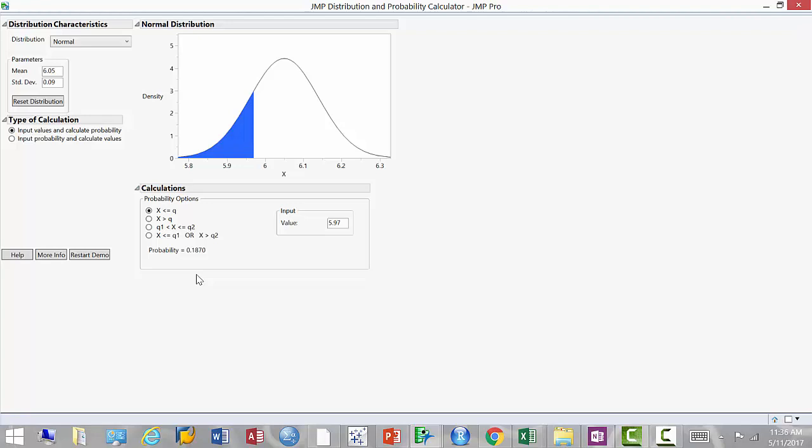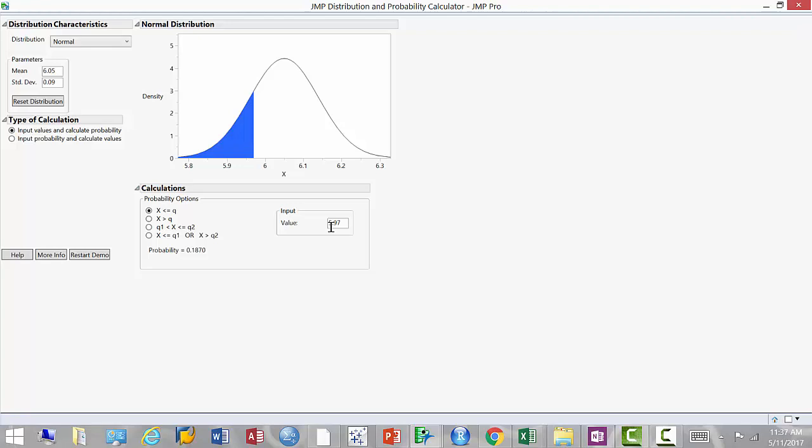The likelihood, if the foreman is right and 6.05 is the actual average in their production line, of seeing the sample that I've seen with 5.97 or even smaller is 18.7%. That's the likelihood of seeing what I'm observing, and that's not a small probability according to my scheme of things. I believe that 0.05 is the yardstick. So that's a large probability, and therefore what I'm seeing is consistent with what he's saying.